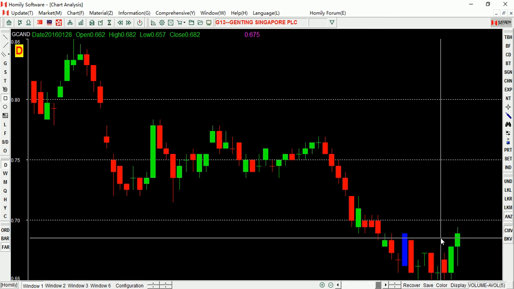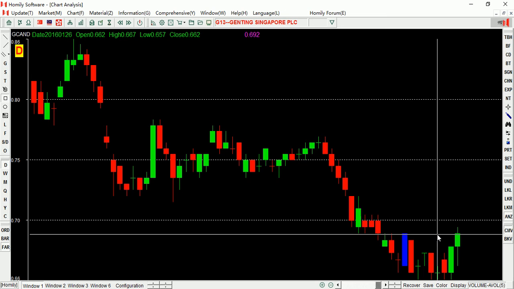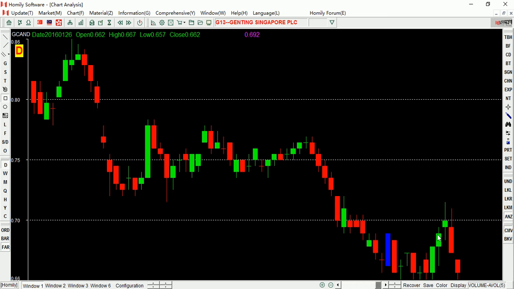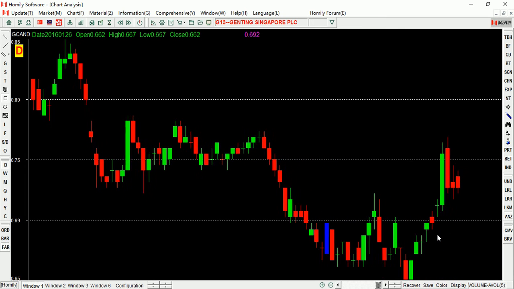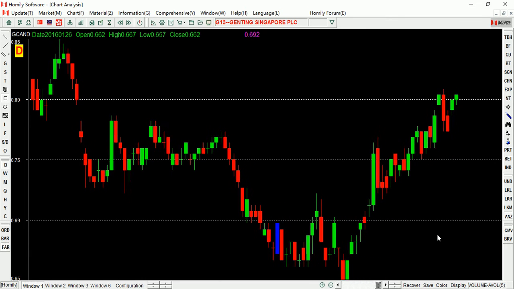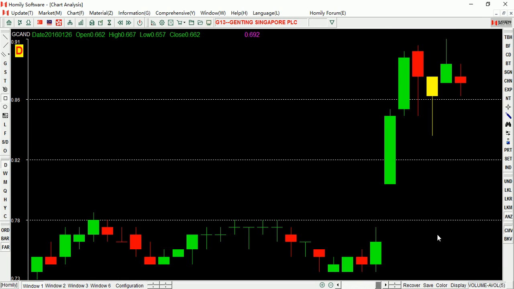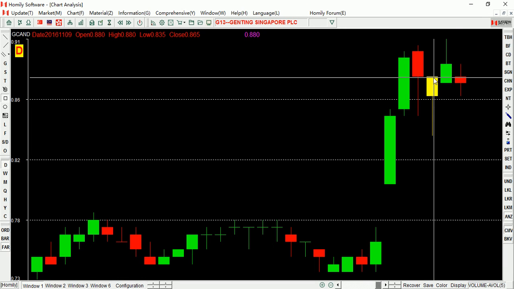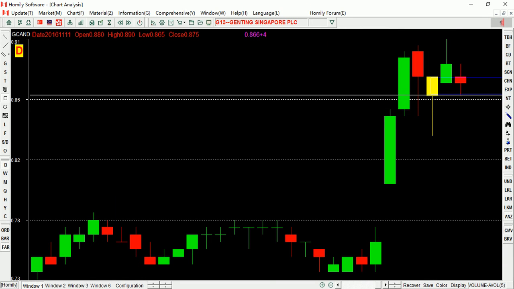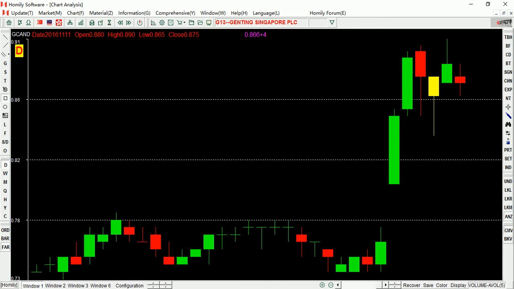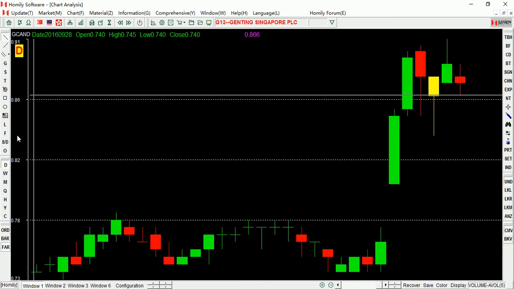How about here? Can we buy or not? We can still buy, okay? So you can do some short-term rebound, okay? So we can see the yellow candlestick appears. If you have it, do we sell or not?